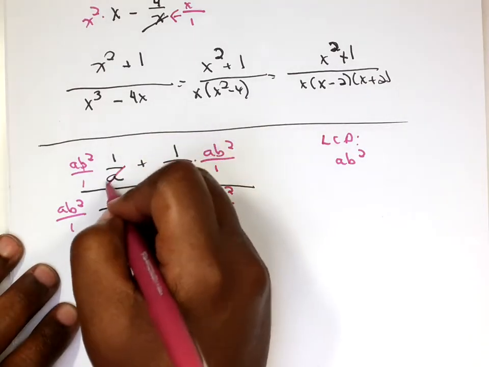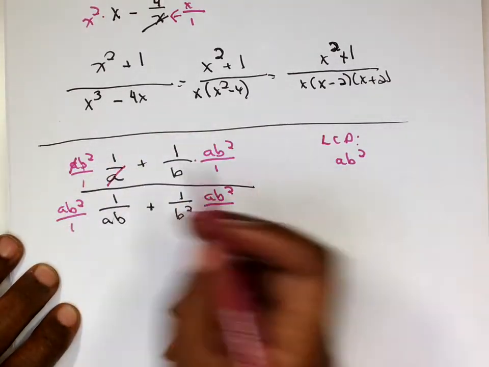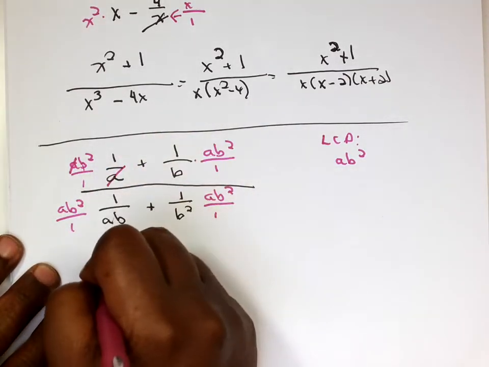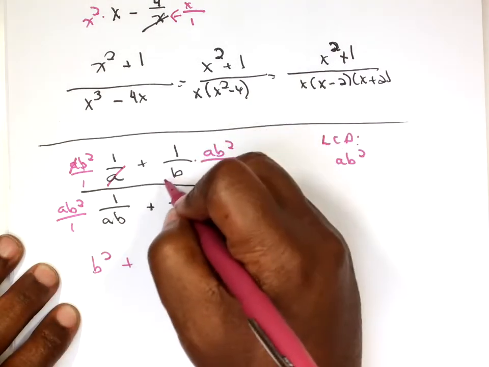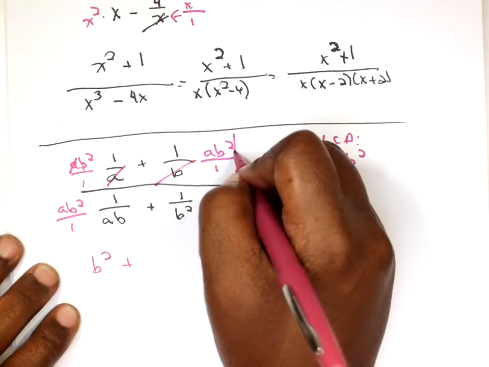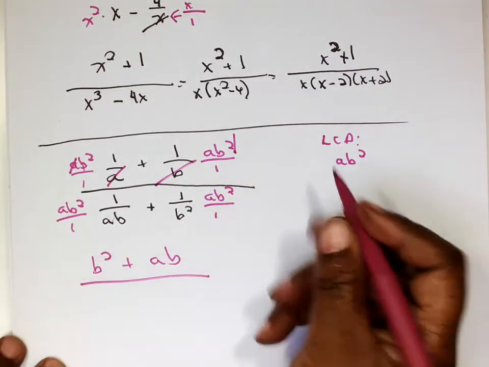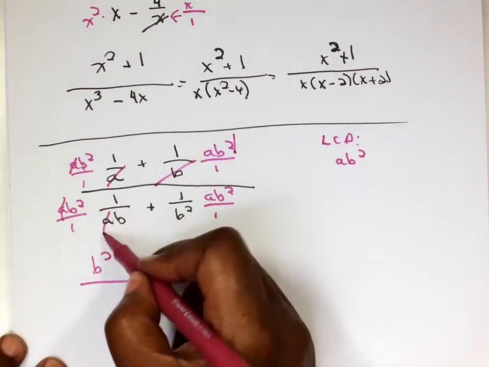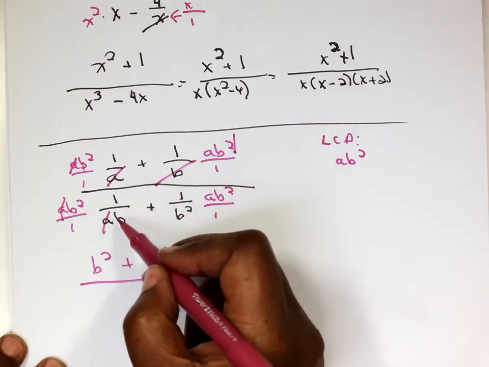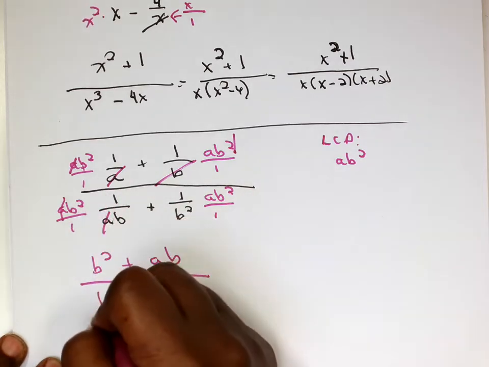So here the a's cancel, and I'm just left with b squared times 1. Here this b knocks out one of these, so I'm left with ab. On the bottom, this a and this a cancel each other. B and b squared, I'm left with a b.